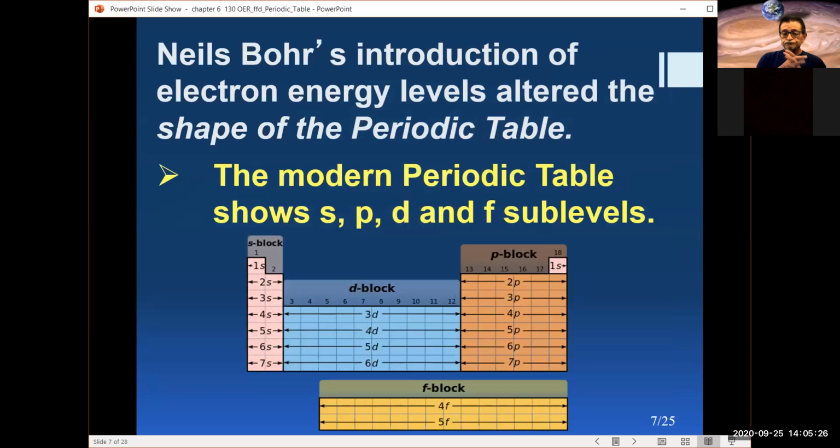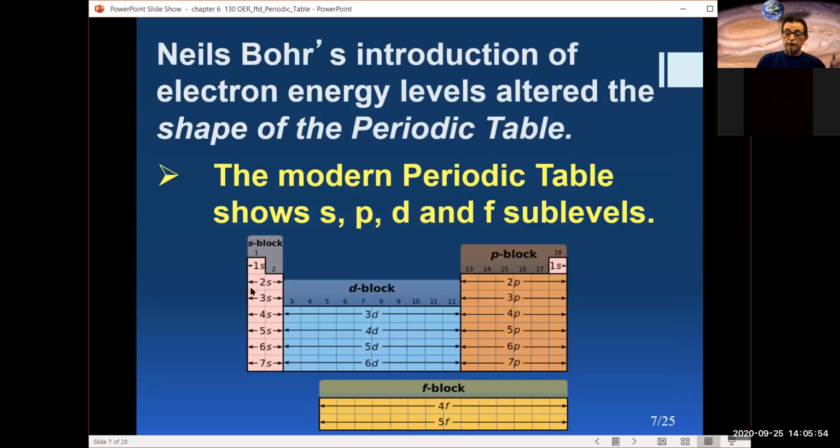Anyway, Niels Bohr, whom we talked about in the previous chapter, introduced the energy levels, okay? And this is where I use the example of the S block, the D block, the P block, and the F block elements, okay? Which represent the sublevels of the orbits.